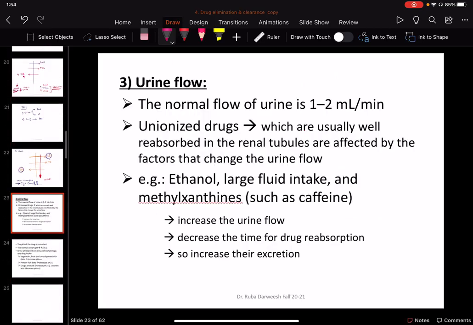If we are talking about urine flow, we have a normal flow of the urine, which is 1 to 2 milliliters per minute.